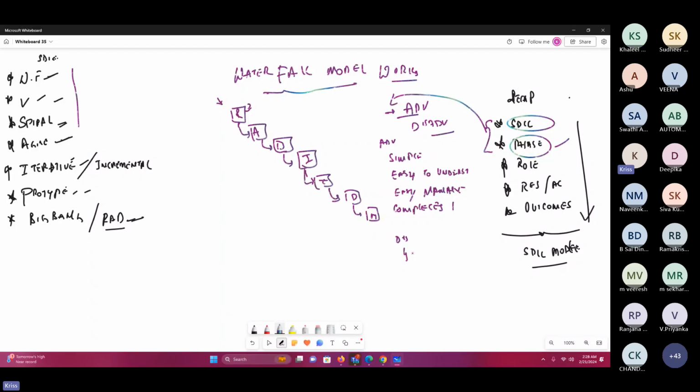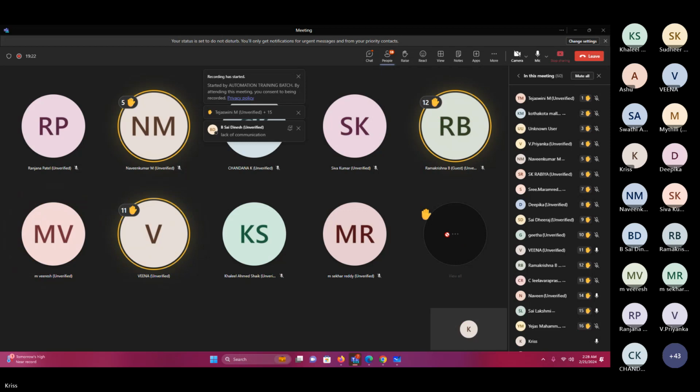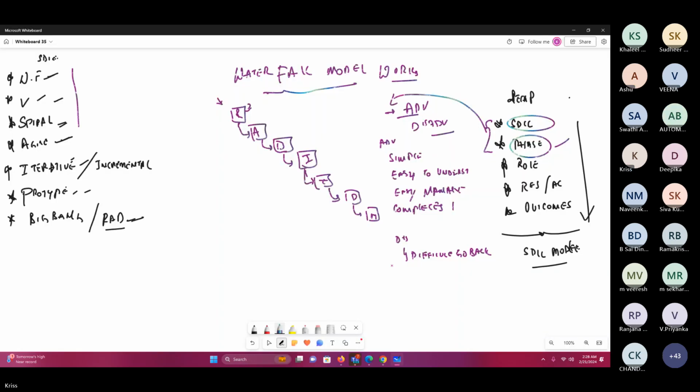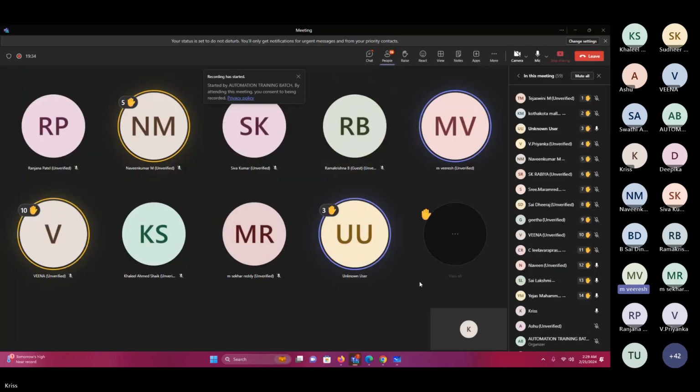Okay. Any other pointers? It's not suited for large projects, we can't take this one. Okay. Defects may be carried from one phase to another phase.